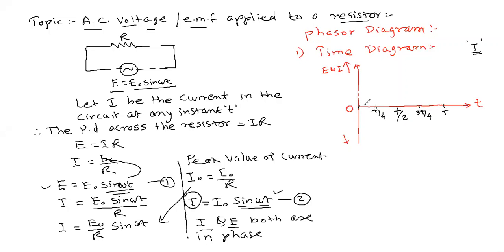Now the phasor diagram for this current will be like this, and the phasor diagram for the voltage or EMF will be like this.